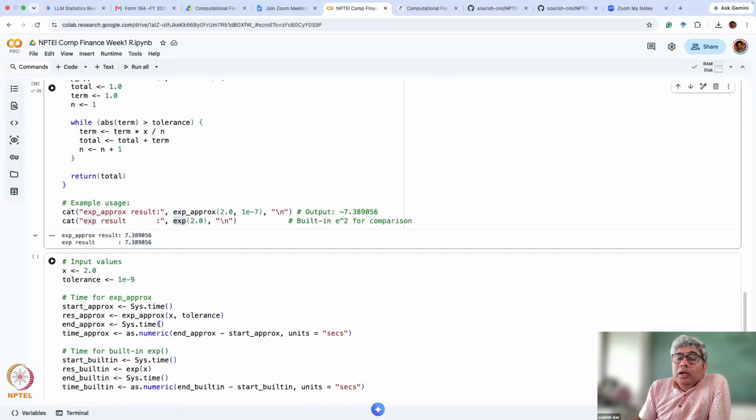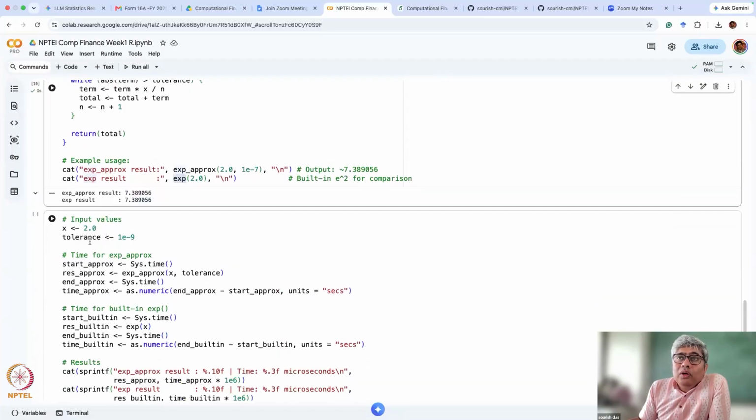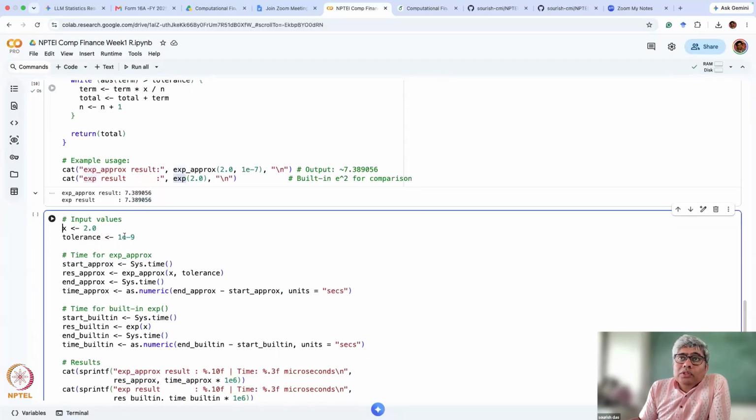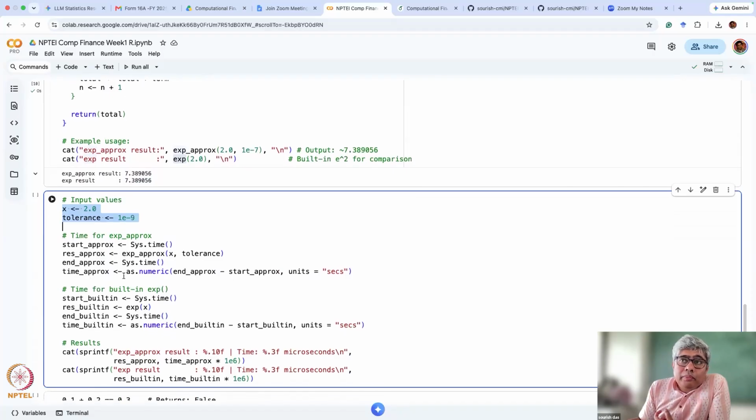Now I'm going to use the same value, but I'm going to measure how much time our function is taking and how much time the built-in function of R is taking. We are going to clock the time, and that is very important in computational finance. Let us run that.